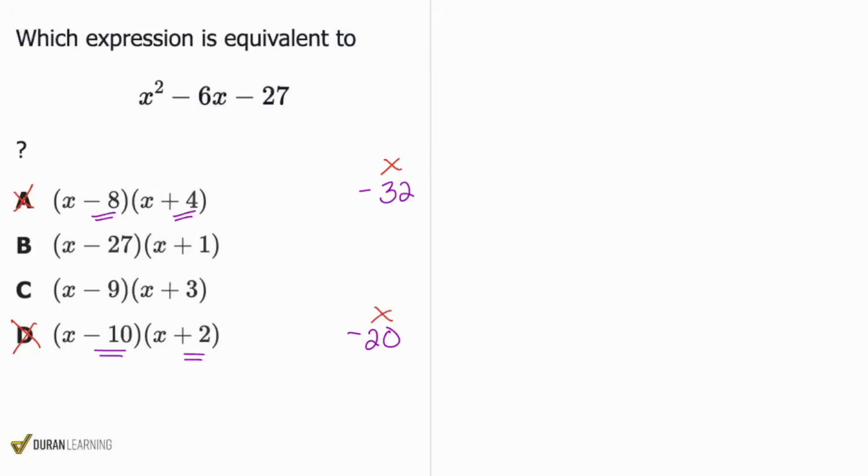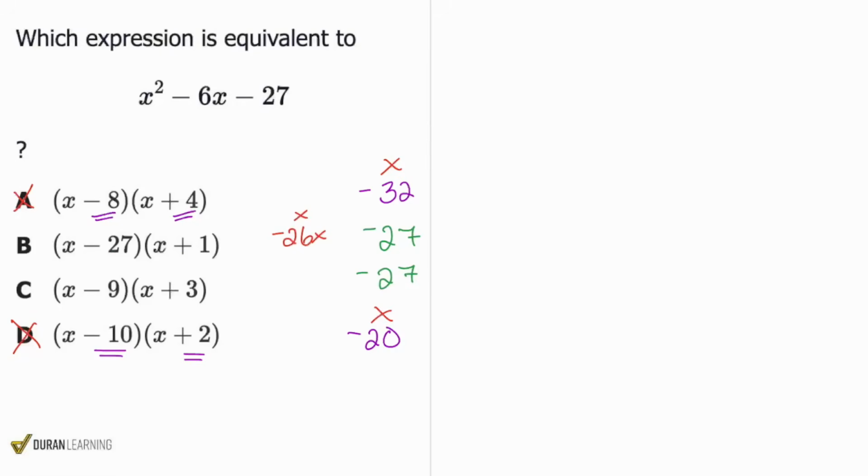The only two that make sense so far are negative 27 times positive 1, because that is negative 27, and negative 9 times positive 3, which is negative 27. So B and C so far are in the running. The correct answer is going to end up being C, because when you add those pairs together, negative 27 plus 1 is negative 26 on the x.